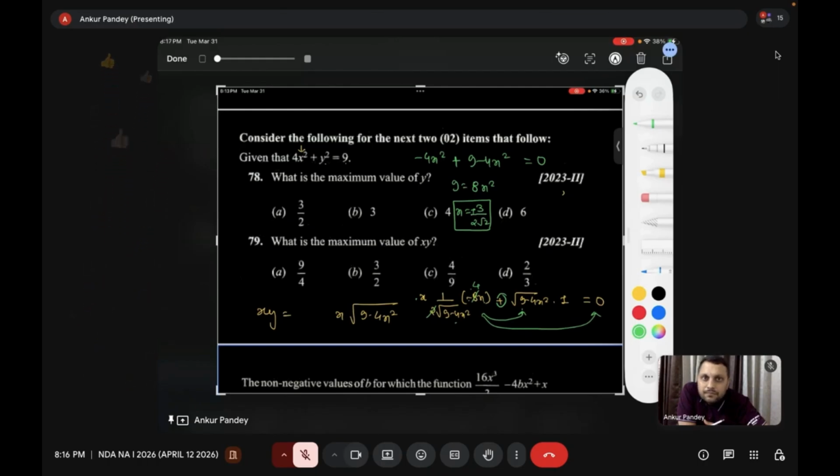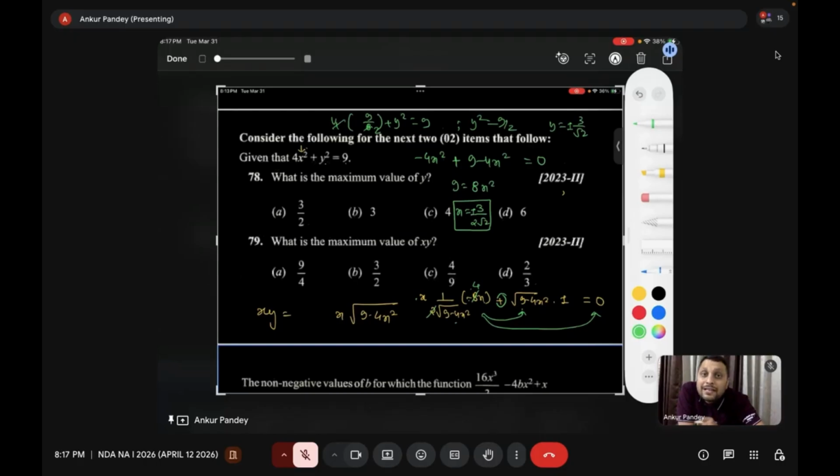Okay. For x equal to plus minus 3 by 2 root 2, if I put here, I get 4 into 9 by 8 plus y square equal to 9. 4 2s are, so y square equal to 9 by 2, y equal to 3 by root 2. Yes or no? Clear?